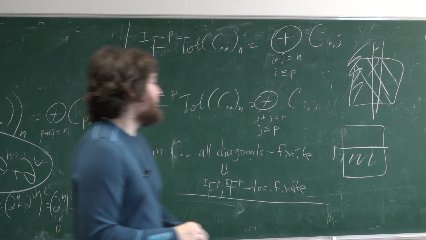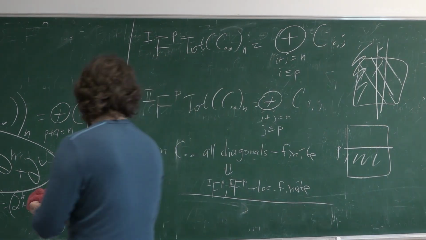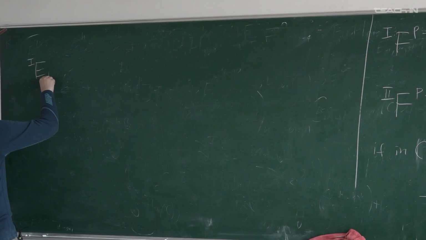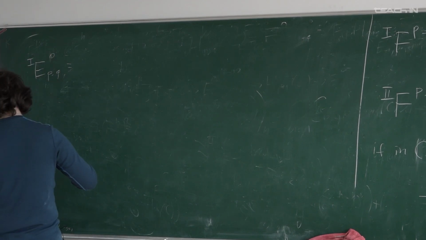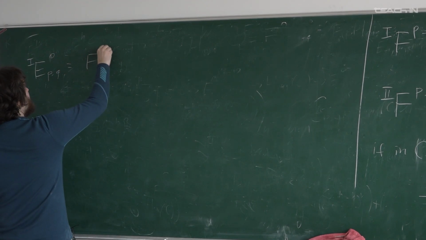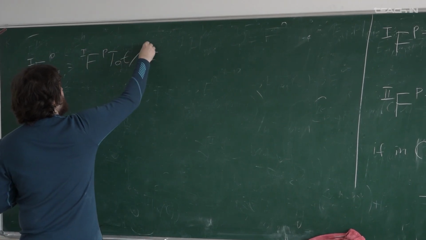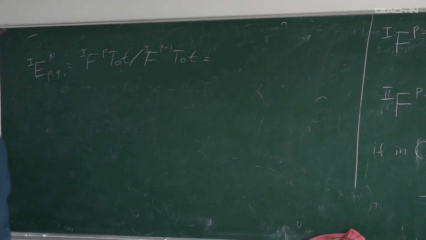Now, let's say what the initial pages of the spectral sequences are. For example, the first one: the first filtration gives us the first spectral sequence. What is the zero page? The zero page is quotients of the total complex F_P modulo F_{P-1}. What is it?